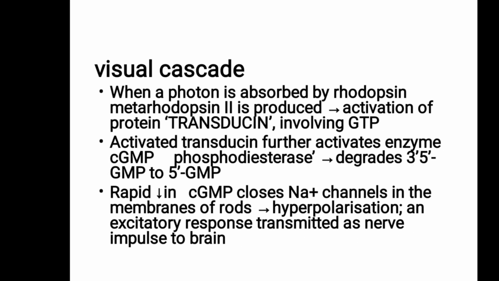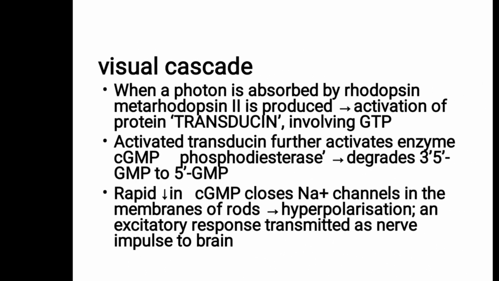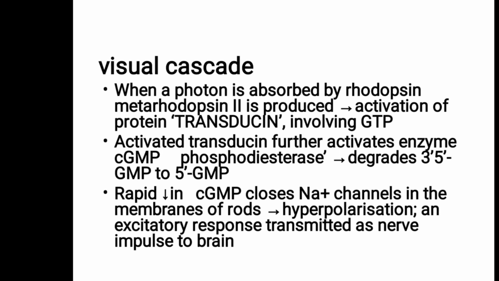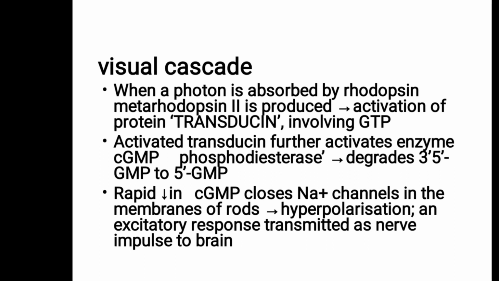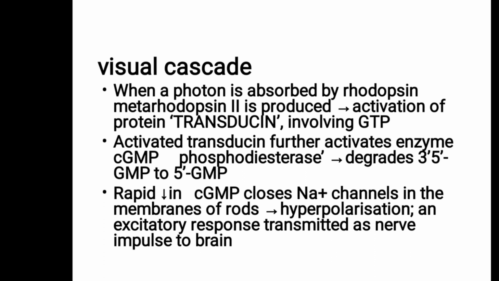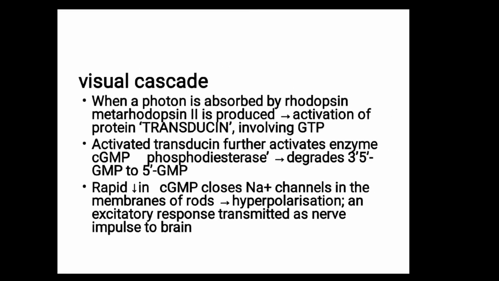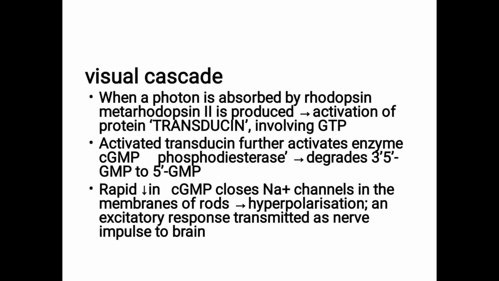So there is a rapid decrease in cyclic GMP, which closes sodium channels in the membranes of the rod, which leads to hyperpolarization, and the excitatory response is transmitted as a nerve impulse to the brain. This is the visual cascade.